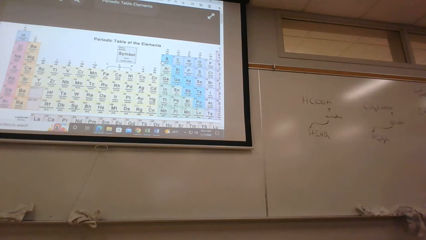If hydroxide had a choice of hydrogens to attack, hydroxide's negative. So negative wants what? Negative wants positive. And so this hydroxide is going to see this hydrogen, which is what we call polarized, and it has a partial positive charge. So the oxygen here wants that hydrogen.